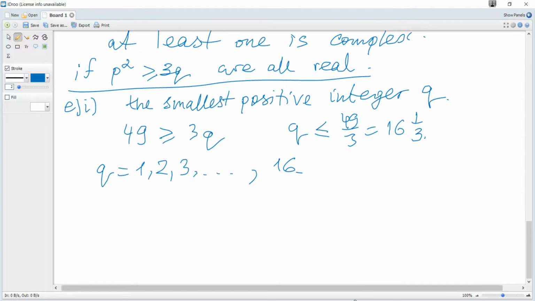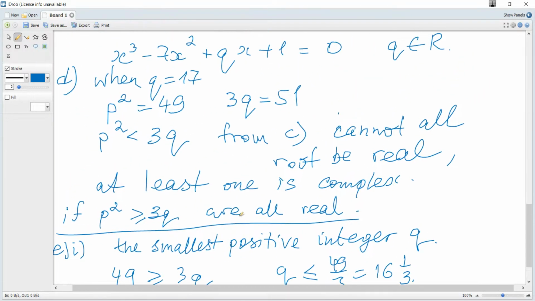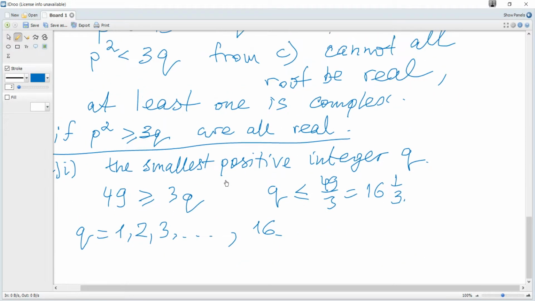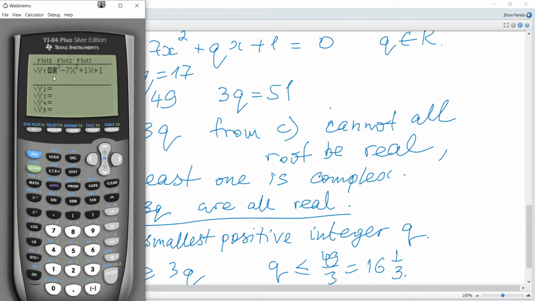And how to do that? We use a calculator, graphing this function for the polynomial, and since the smallest possible value of q is 1, let's start with 1. So we consider x cubed minus 7x squared plus 1x plus 1, and the graph looks like this, and we can see 3 points of intersection with the x-axis, so there are 3 real roots.